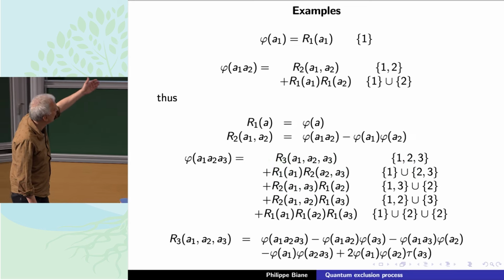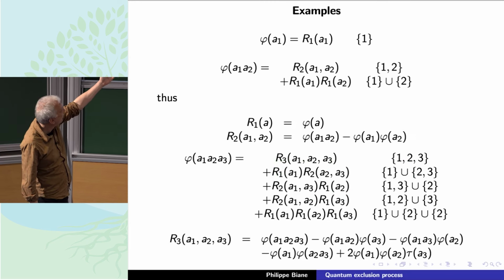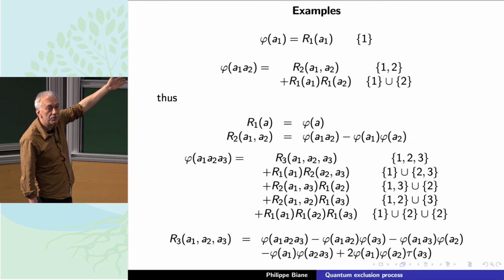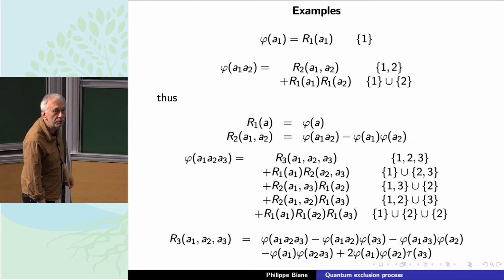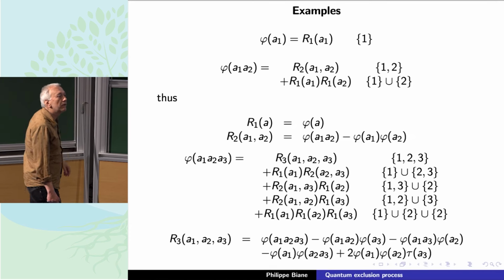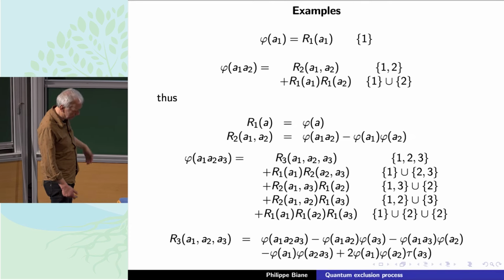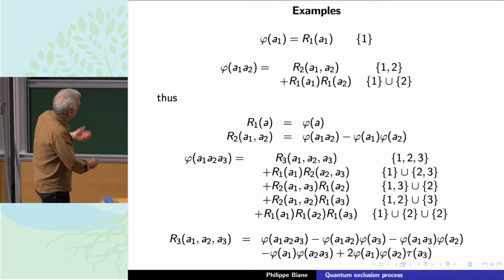In this formula I already know R1 and R2, so I can easily deduce R3. In this way I get a triangular system that I can solve explicitly, and I show you the formula for R3.